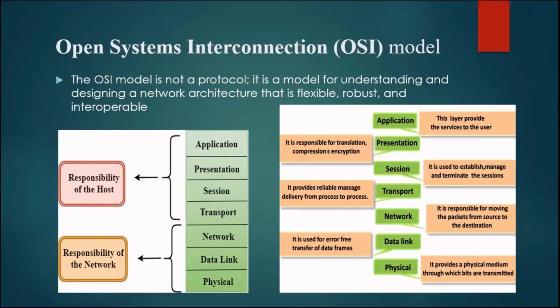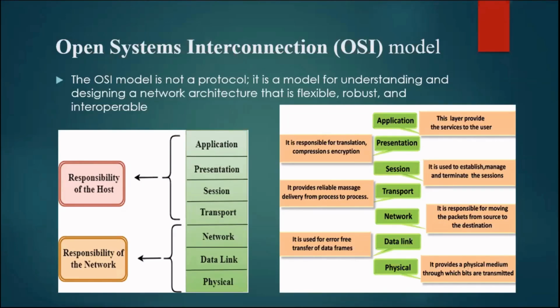The last four layers, transport, session, presentation, and application, are the responsibility of the host, because if you're using a browser and trying to access an address or stream video, your browser will need to do the job of controlling the application, presentation, session, and transport layers, right?